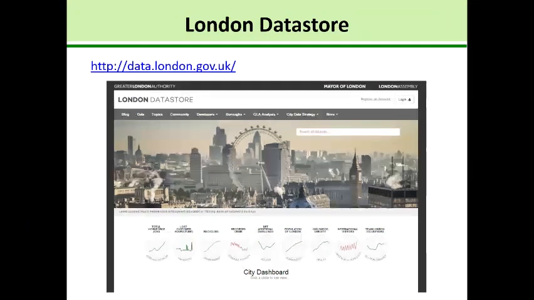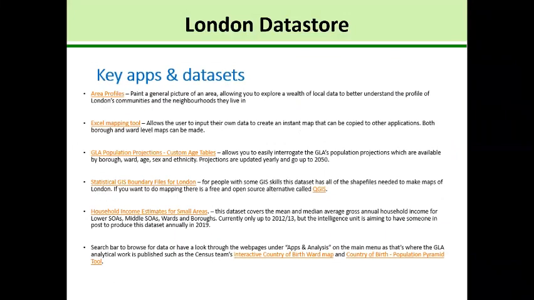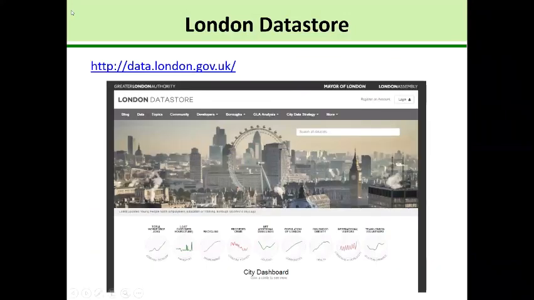So yeah, another good source is London Data Store. It's got lots of data sets on there, over 800 data sets, free to access. You can also get in touch with them at Civil Society at london.gov.uk if you want particular information from them.